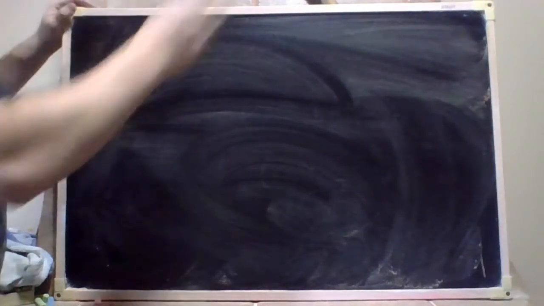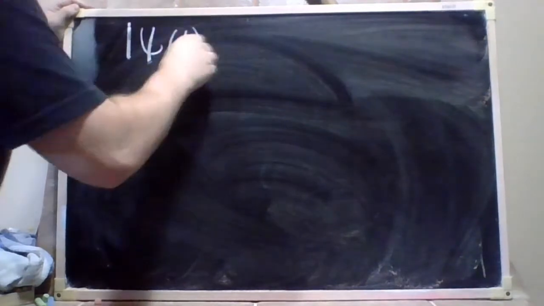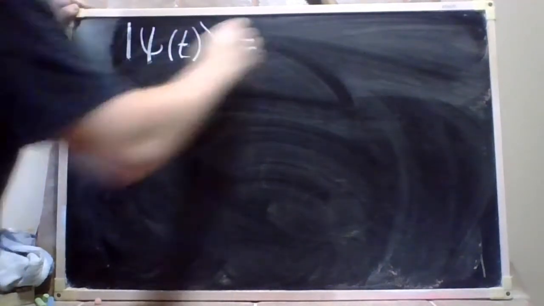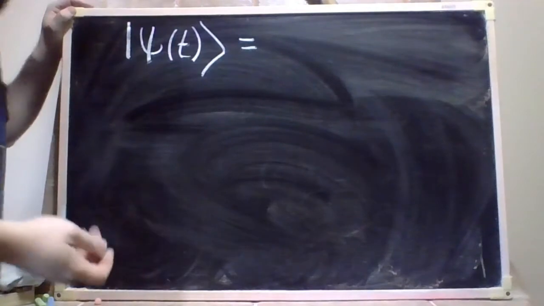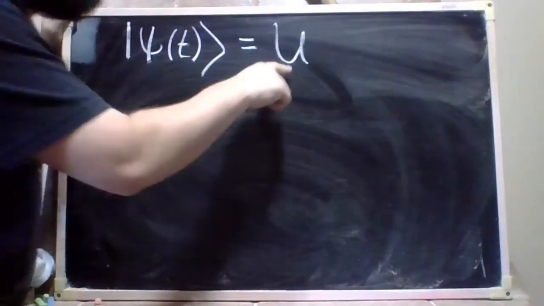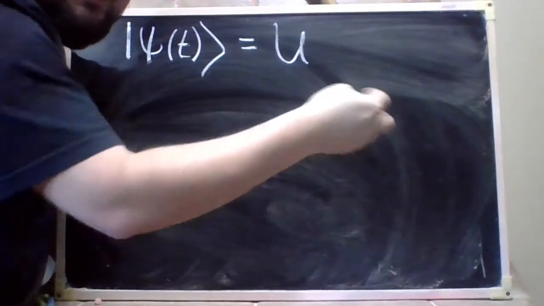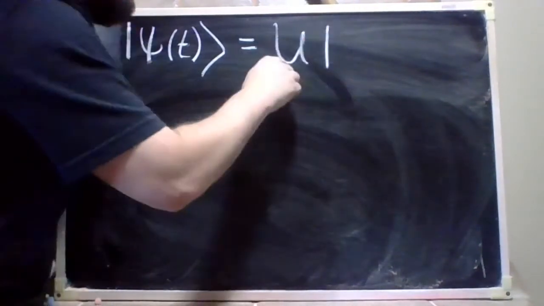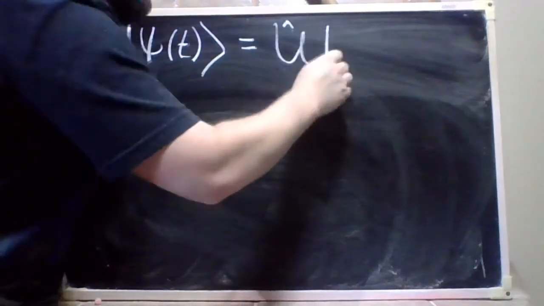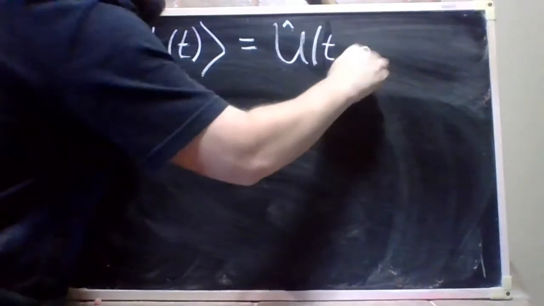So say, for instance, that psi of a given time t must be equal to some operator, I am writing a u here, you'll see why, an evolution operator, which takes the function from 0.